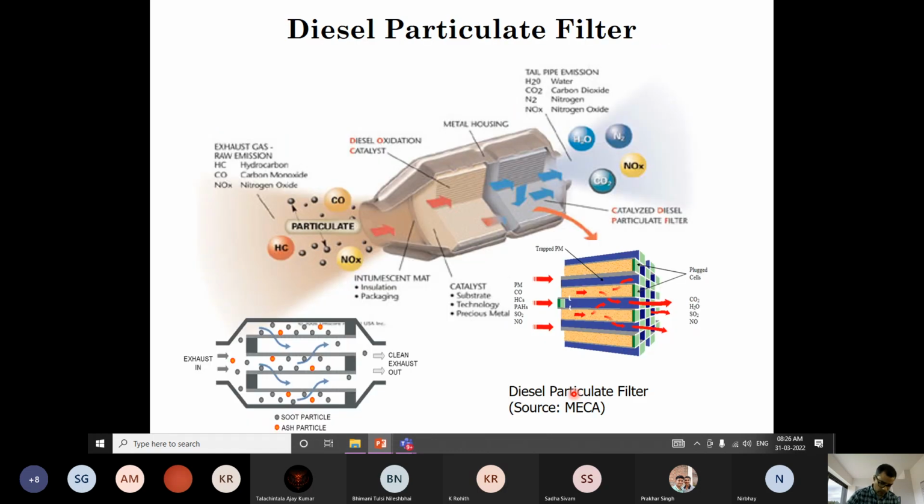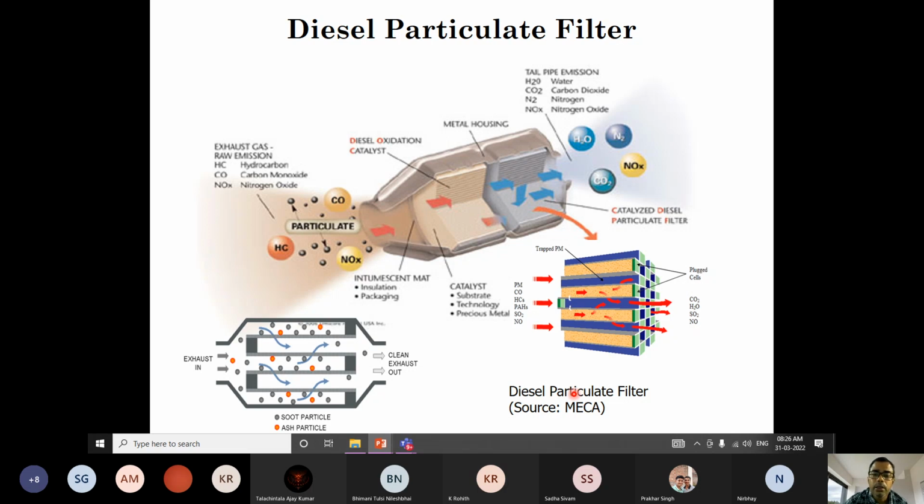So as far as after-treatment technology is concerned, for the HC and CO, the TWC or DOC is sufficient, even in the case of Bharat Norm 6.